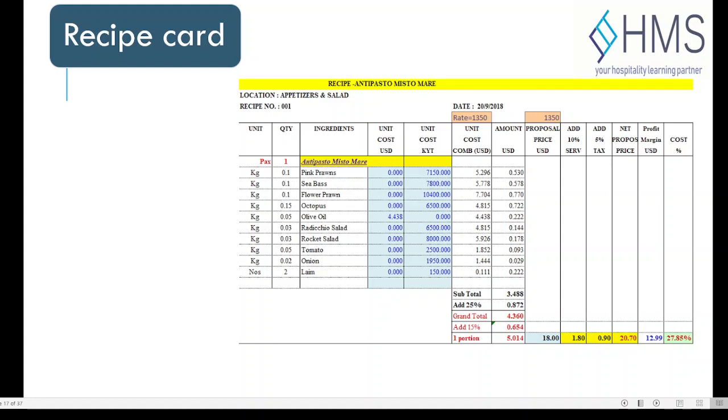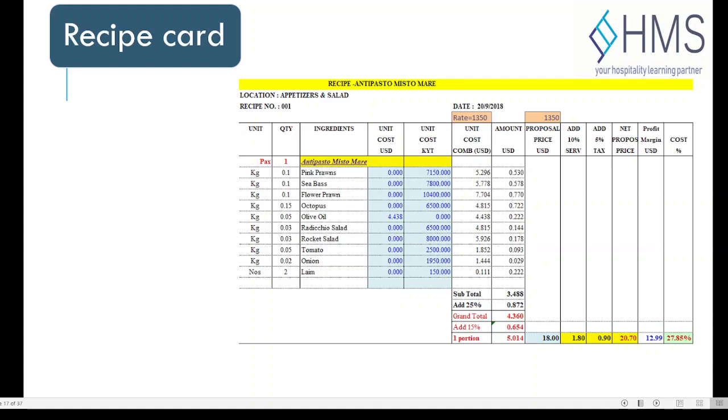That's for one pax, right? And in one pax, what is the portion? So you have 100 grams pink prawns, 100 grams sea bass, 100 grams flower prawn, 150 grams octopus, some olive oil, some red chili, some rocket salad, some tomato, some onion, and two limes. So there is a spelling mistake.